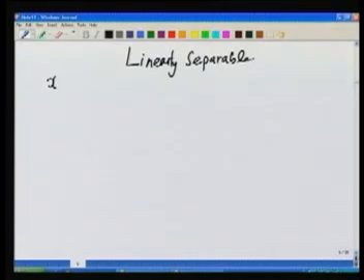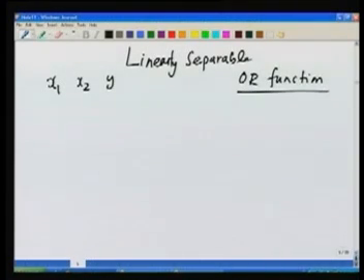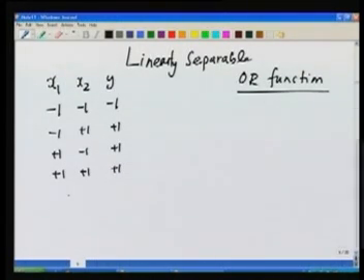Given a specific input pattern, the output is either -1 or +1.